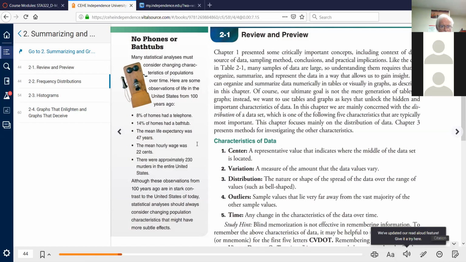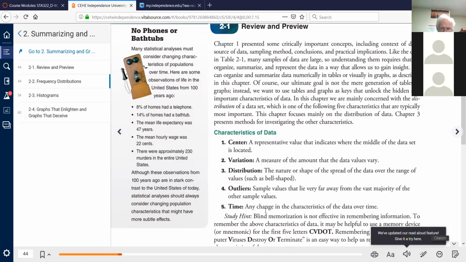Mean hourly wage, 22 cents. We're talking about trying to raise, and in fact, I guess next year the minimum hourly wage in Colorado is supposed to go to $12. About 230 murders in the United States. We won't talk about that topic. It's too emotional.